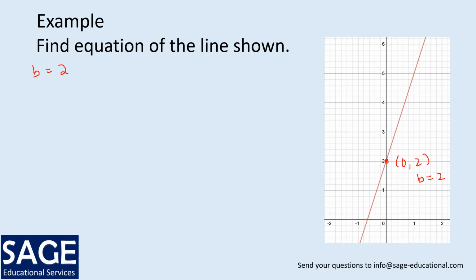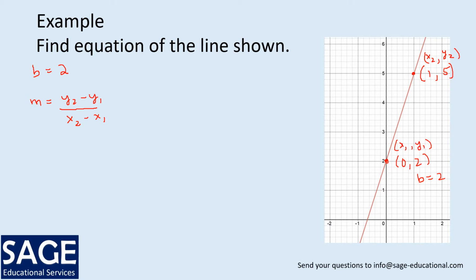Then I have the coordinates of this point 0, 2. I can also read this point on the graph, which has coordinates 1, 5. So using these 2 points, I can find the slope. Slope equals y2 minus y1 over x2 minus x1. I'll say this is x2, y2, and this is x1, y1.